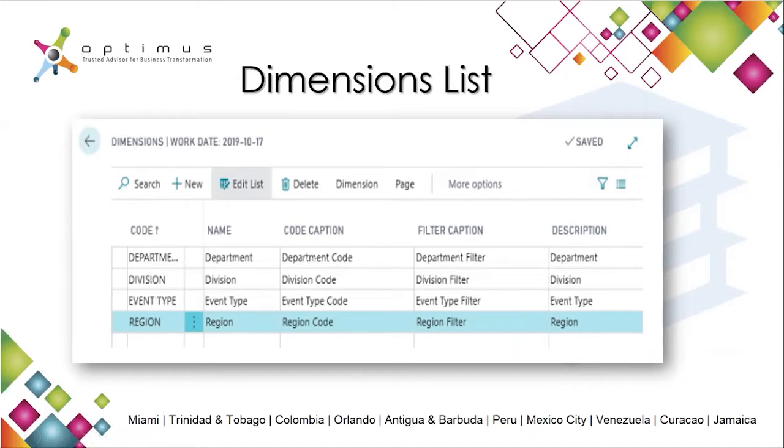If you work with supermarkets, you might have a wholesale and a retail division. It's the same merchandise and the same type of resources used in your company, but you have different sales channels. Event type or region are more specific.